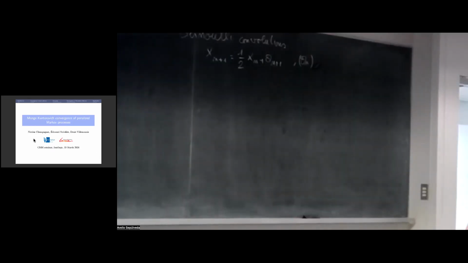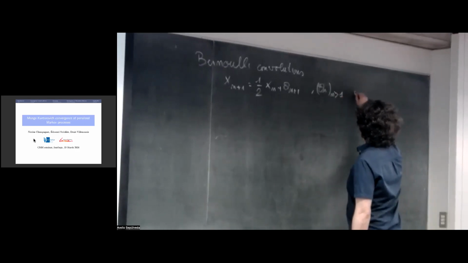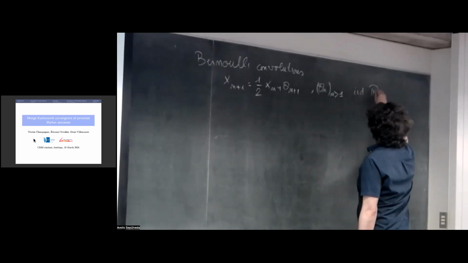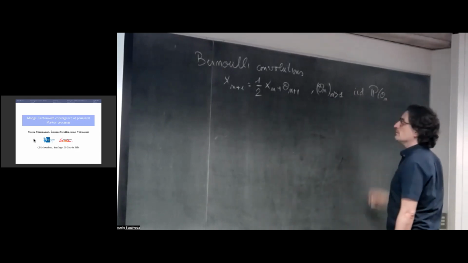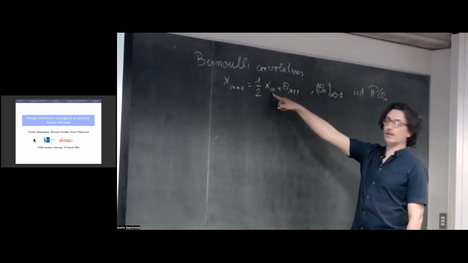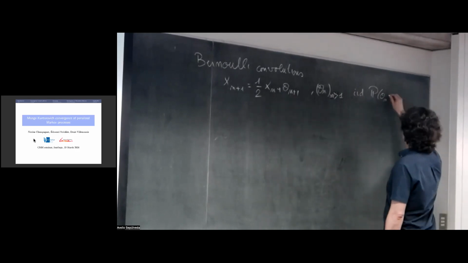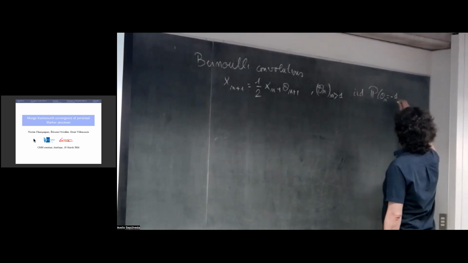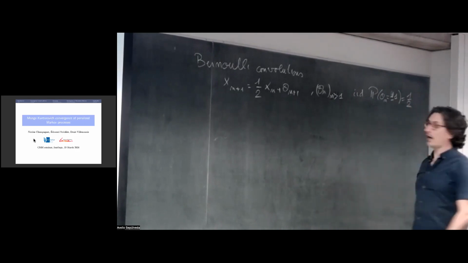So it's just a recurrent chain where you simply take the previous step divided by 2 and add some random variable theta n, and the theta n's are IID, and take either plus or minus 1 values with probability 1/2, right?